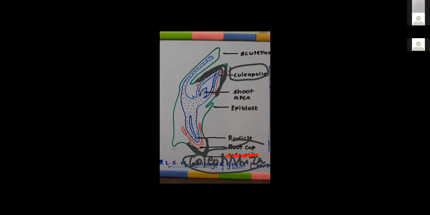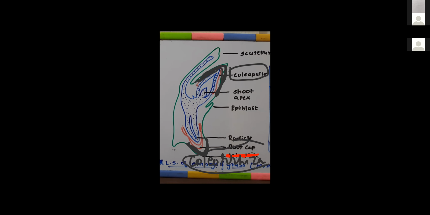So it's a characteristic of monocot embryo that the shoot apex will be covered with coleoptile, and the root tip will be covered with coleorhiza. These are basically undifferentiated protective sheaths. The undifferentiated protective sheath which encloses the root tip and radicle is called coleorhiza, and the one that protects the epicotyle is called coleoptile.